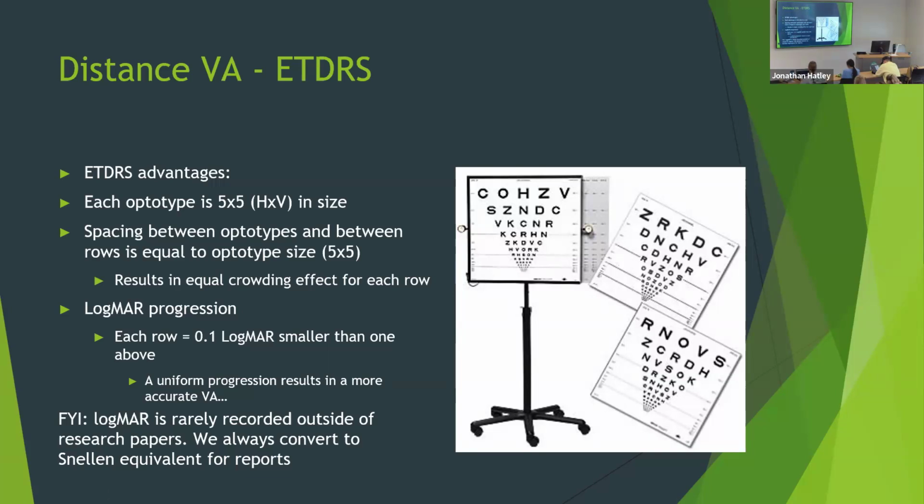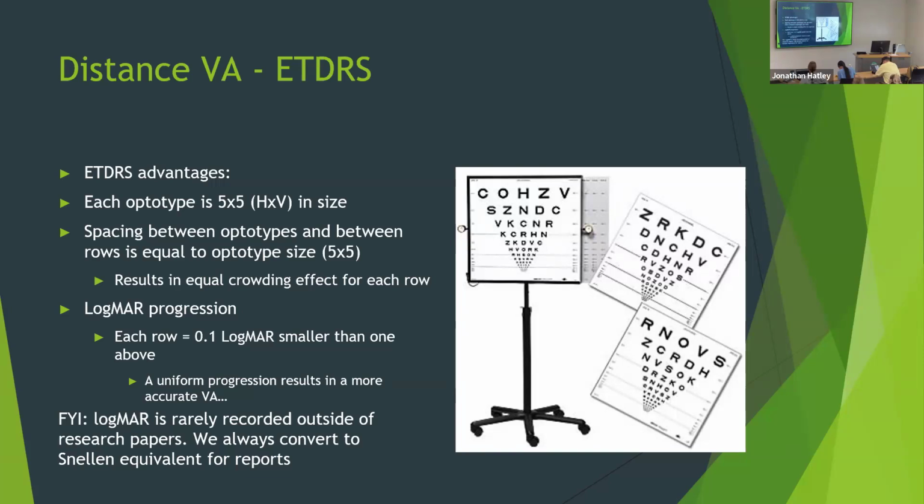The way the chart is built, it has 5 letters on each line, so you can see that it makes a triangle as we work our way down the chart, because it maintains 5 letters. It doesn't try to be nice and neat with good columns on either side. It instead says 5 letters on every single line. As we make our way down the chart, the lines are just going to get shorter and shorter because the optotype size is decreasing.